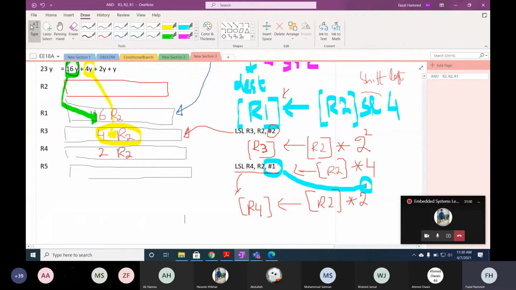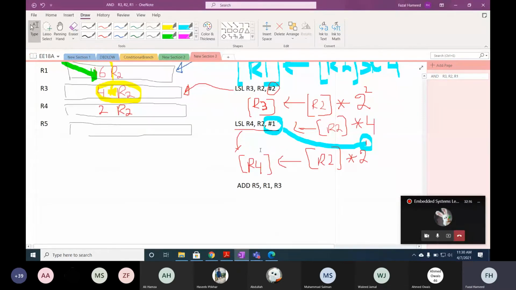We can use the add instruction, am I right? Add R5. So R5 is now the destination. Now we can add R5, R1, and R3.